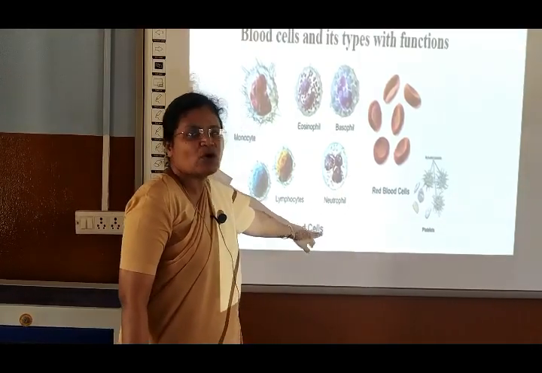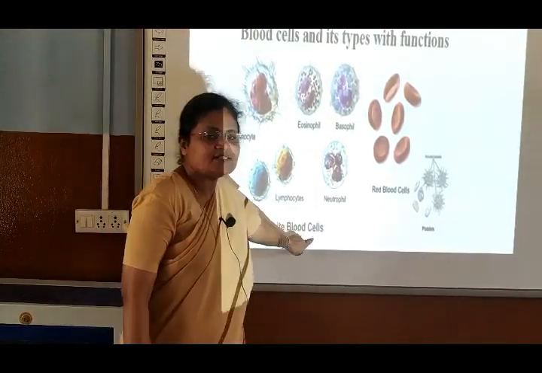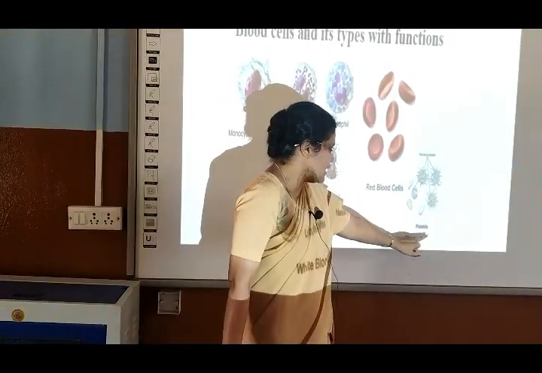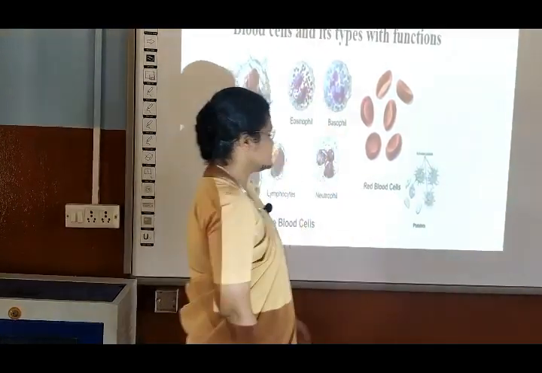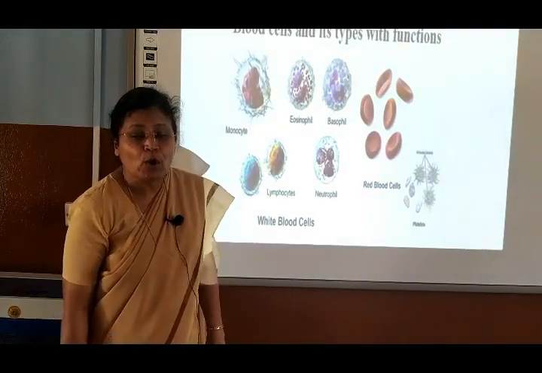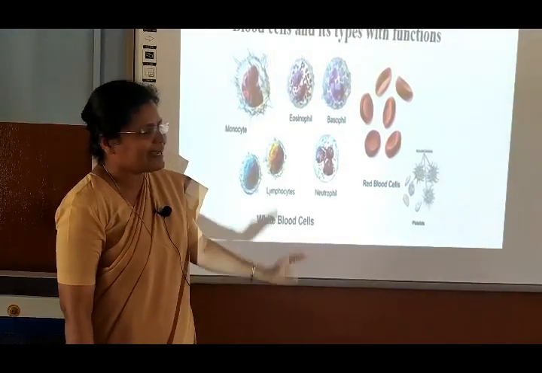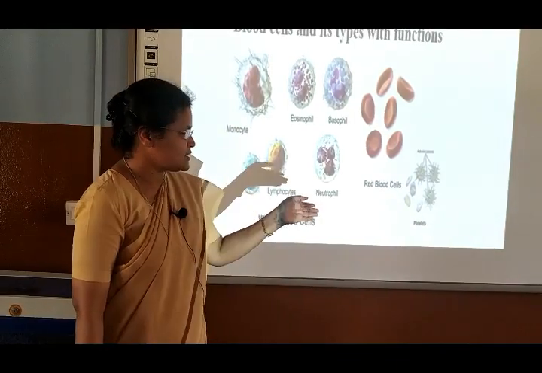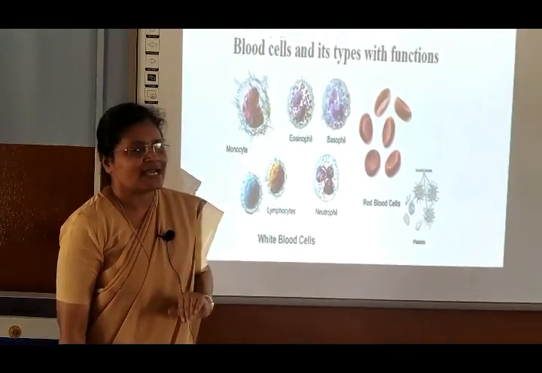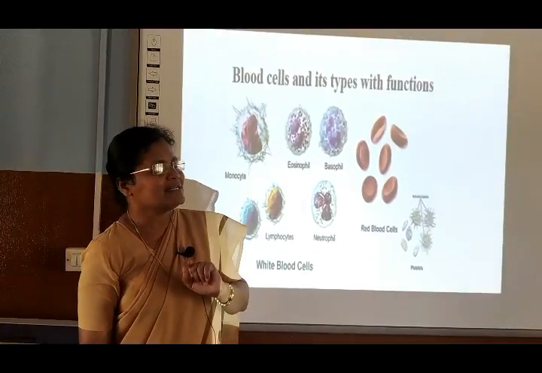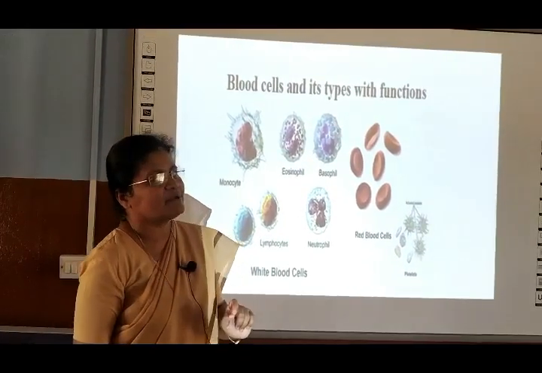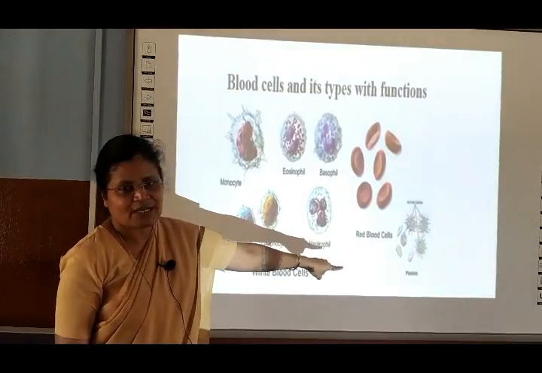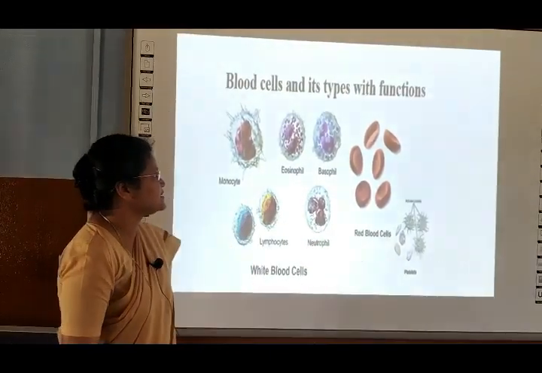Cells are otherwise called cytes. Then you have the blood platelets, which are also known as thrombocytes because the blood platelets interact with thrombokinase. Remember children, when I teach you about the functions of blood platelets, you will understand why it is called thrombocytes.